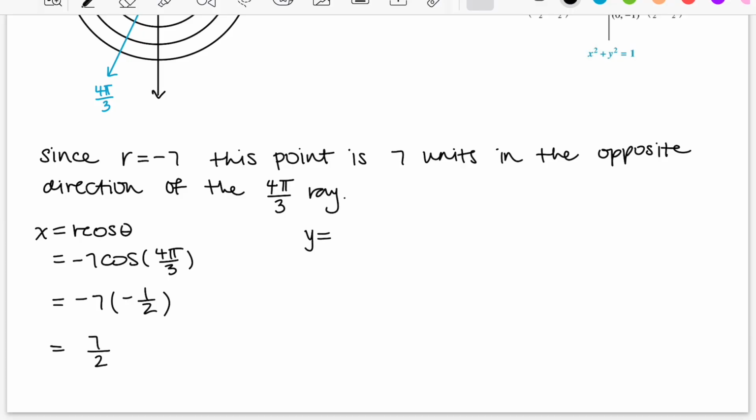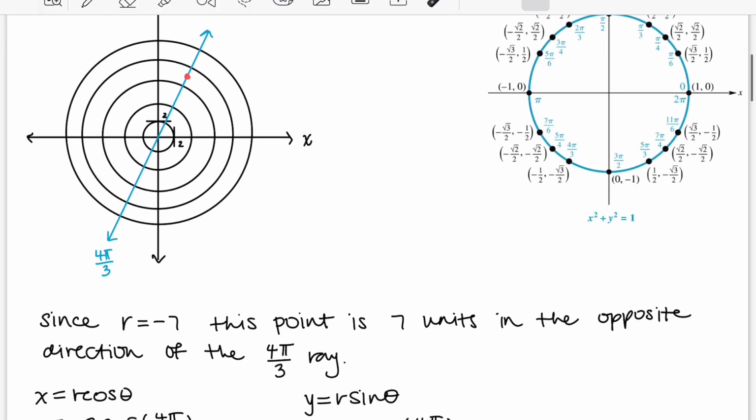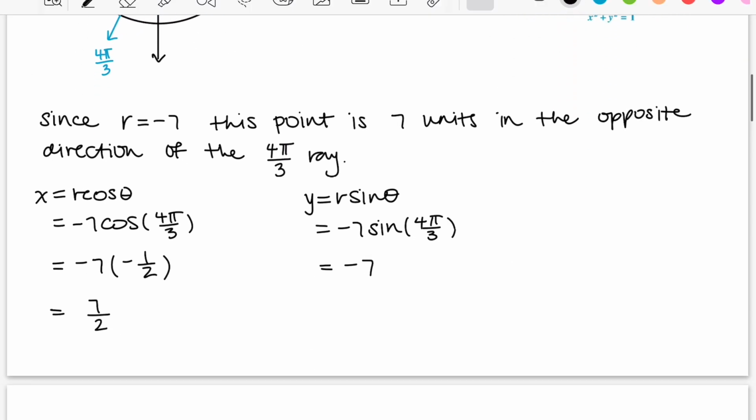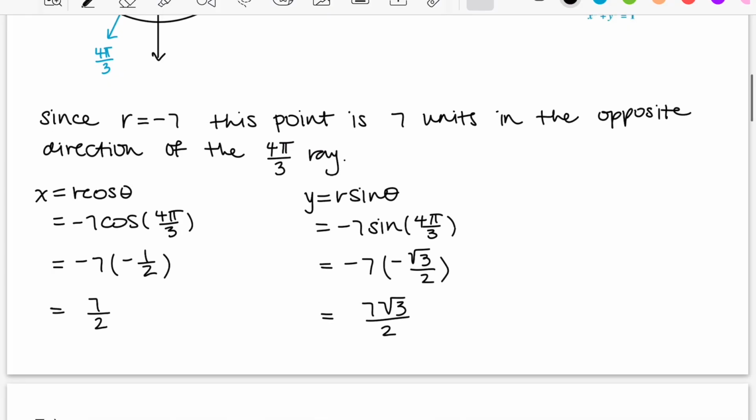Now similarly for our y-coordinate here, we're going to plug in our known values. Now sine of 4 pi over 3 is going to be minus root 3 over 2. So we'll get a positive 7 root 3 over 2 in this case. So this in rectangular coordinates is going to be 7 over 2, comma 7 root 3 over 2.